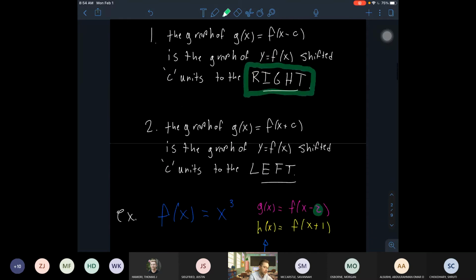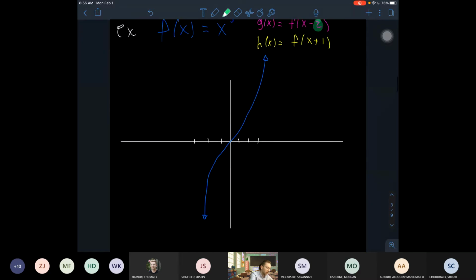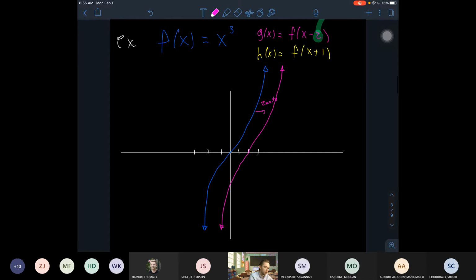Category 1 says if I subtract a positive number, I'm going to shift by that many units to the right. So all I'm going to do is take this whole thing and copy and paste it 2 units to the right. We moved 2 units to the right.